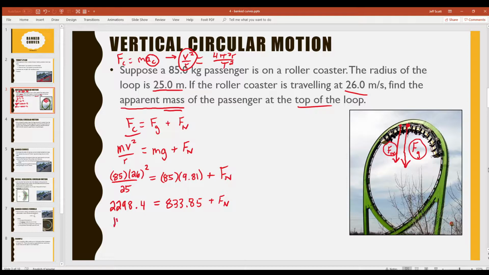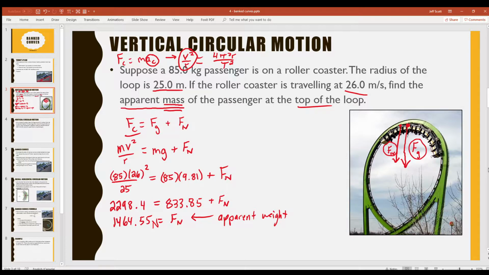That's going to give me 1,464.55 equals your normal force. So I'm going to pause it right here. This is the normal force, which is another way of saying your apparent weight. It's a force in newtons. I should really write newtons here. It's an apparent weight. We are looking for our apparent mass.